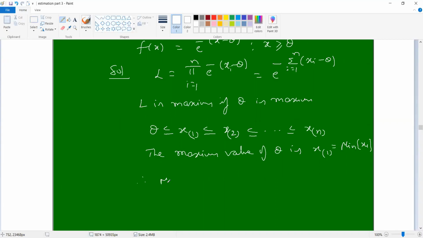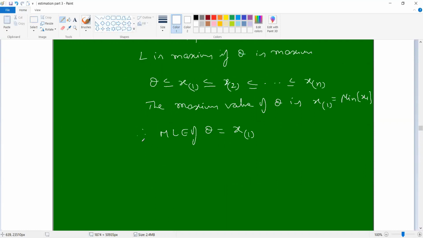Therefore, MLE of theta is x1 order. It's a very, very important problem.